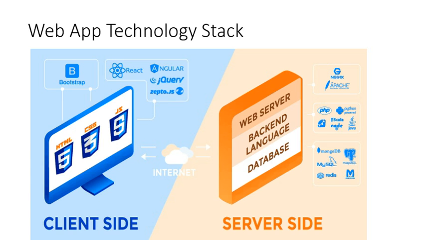Now we come to the backend, the web server side. We can have a web server, either Apache or Nginx, which are Linux. If we go with Microsoft, we can have an IIS server. But most people prefer a Linux server because it's very cheap and free also.